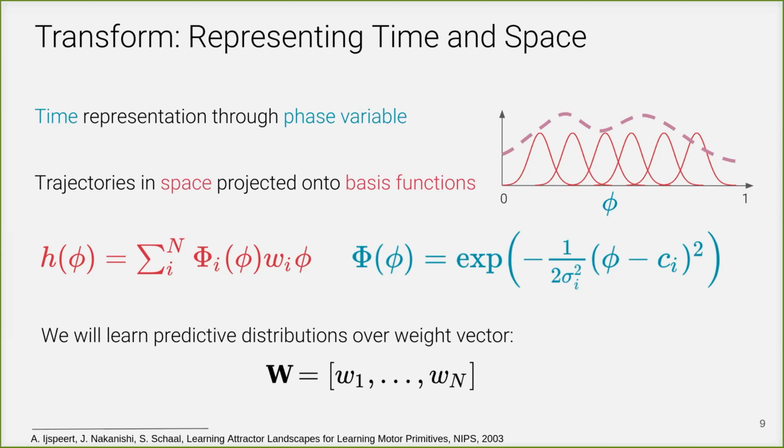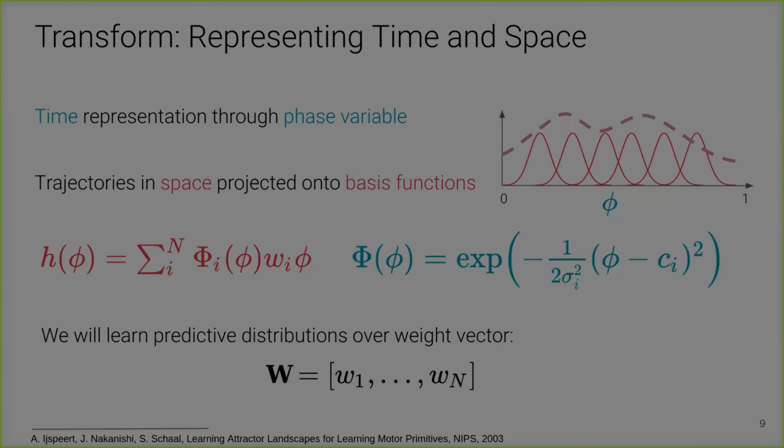So we're not only modeling a single agent, we're modeling both of the interaction partners. But we're also creating predictive distributions over these weight vectors that allow us to perform inference and infer probabilistically, make predictions about the future and all sorts of other variables.